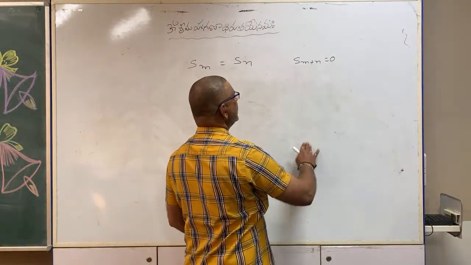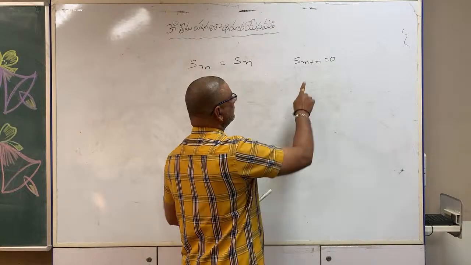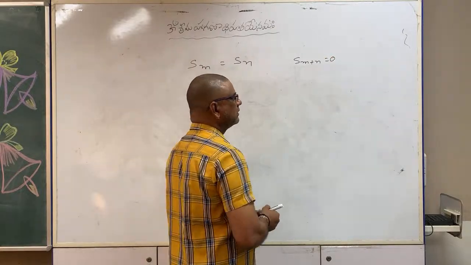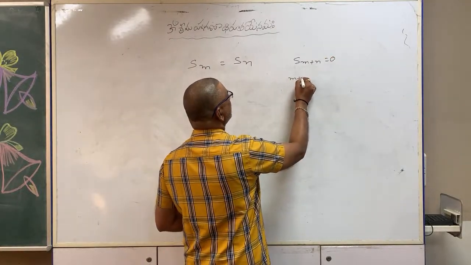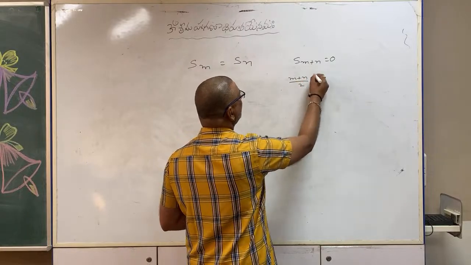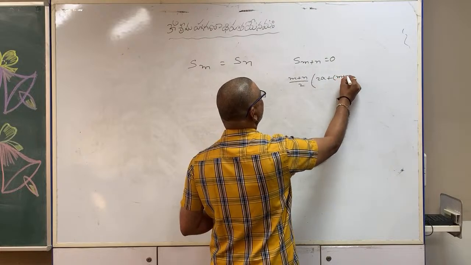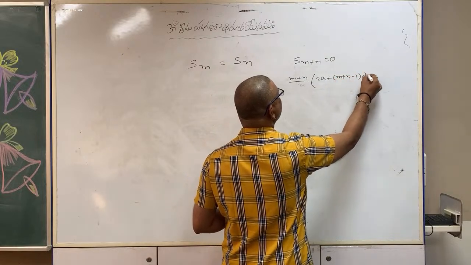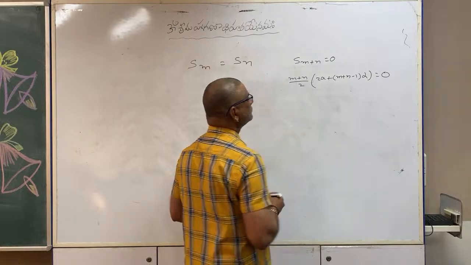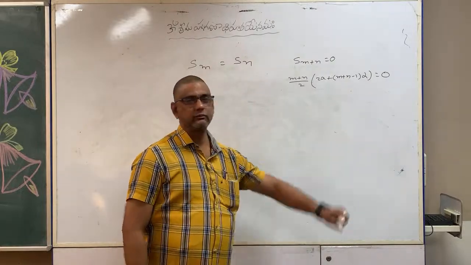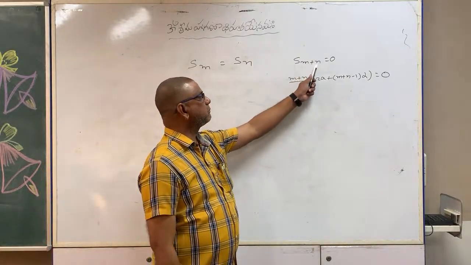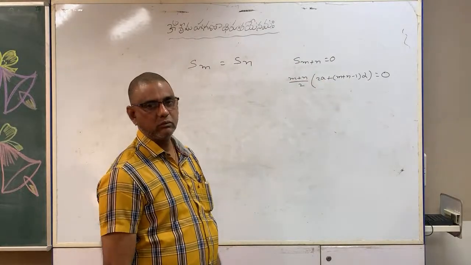First, we'll write what is Sm plus n. Which is nothing but (m plus n)/2 into (2a plus (m plus n minus 1) into d) is equal to 0. We need to prove this. Sm plus n is 0, we have to prove.